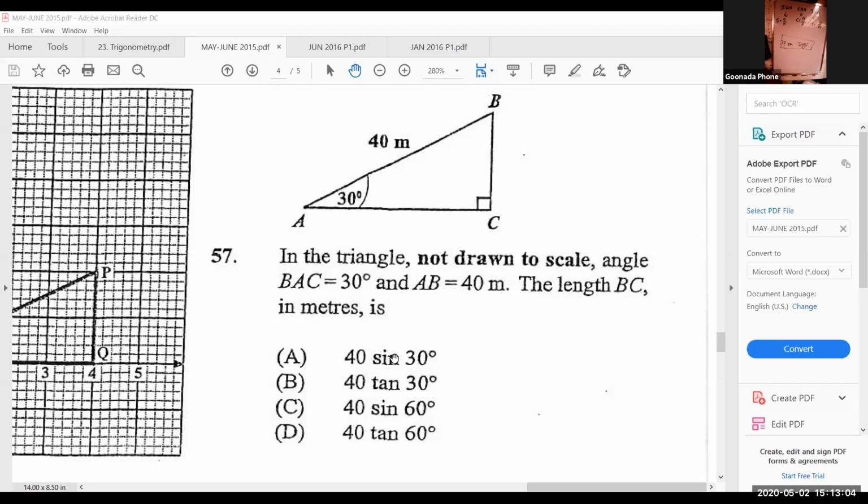So it's 40 and it's sine 30. The angle always goes after the sine, tan, or cos word. Everybody okay? I hope you're not just saying you're okay so that I can move on.